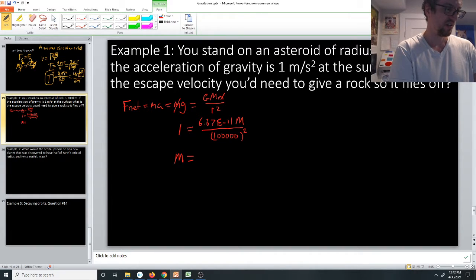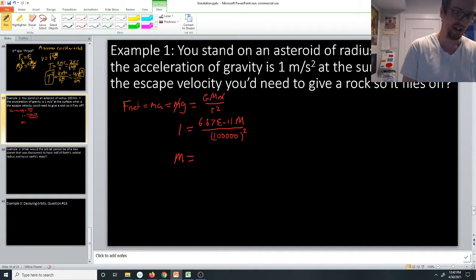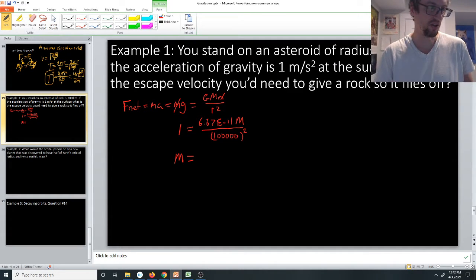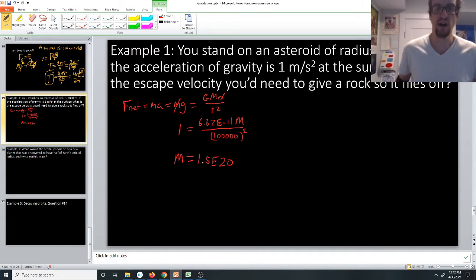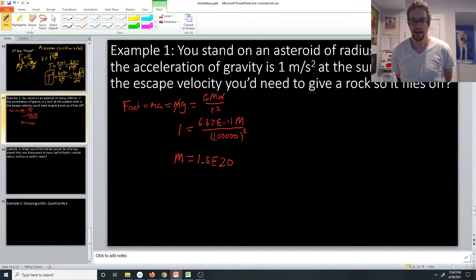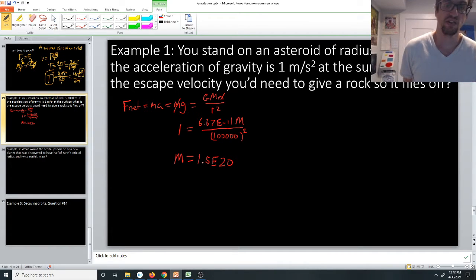I typed something in wrong too. Yeah, I did something slightly wrong, but that's okay. It's just going to alter things a little bit. This comes out to be 1.5 e20. So this is about 1/10,000th? No, less than that, 1/40,000th the mass of the Earth.